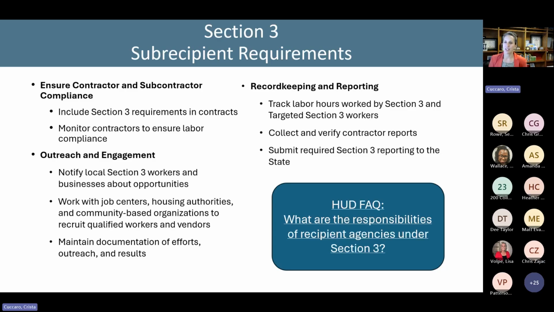So there's more to this than just checking boxes. This is a requirement that is going to require a lot of your agency, and HUD expects you to have an active role in the process.